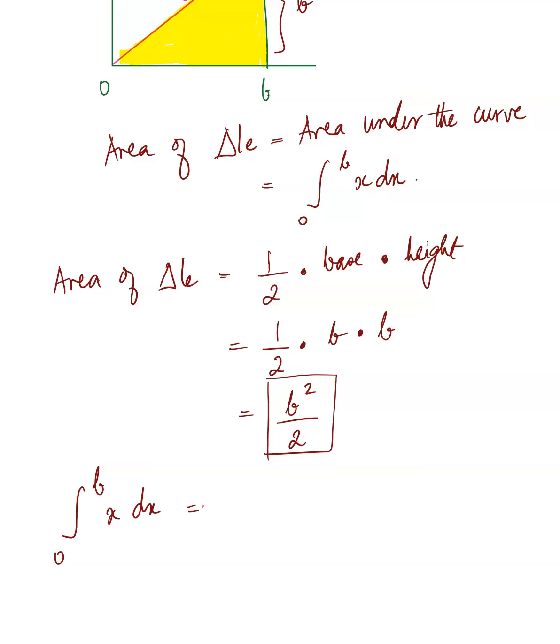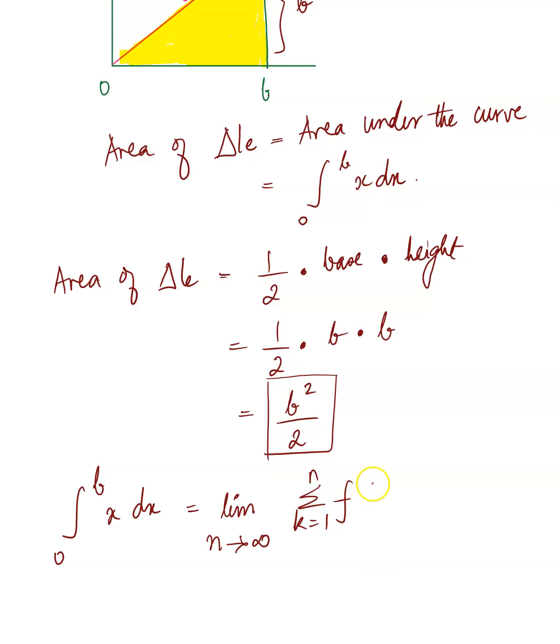Now we know how to find the integral of x dx, but we haven't seen how to handle the limits of integration from 0 to b. We're getting to that. We'll look at it shortly. But we want to use the original definition, which is the limit of the Riemann sum. So I'm going to revert to that because for now we do not know other ways to handle this.